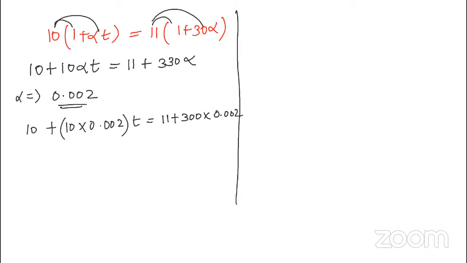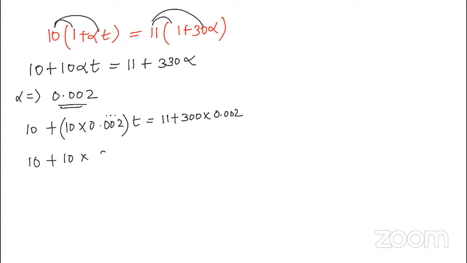Okay, then here 10 plus 10 into 0.002, how many digits are there? 1 2 3.